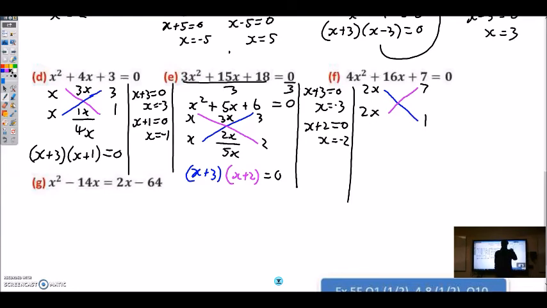Now 2x times 7 is 14x. 2x times 1 is 2x. When I add them together, I get 16x, so I know I've picked the right factors. We have 16x, we have 16x.